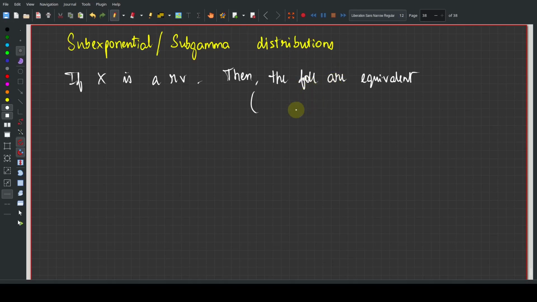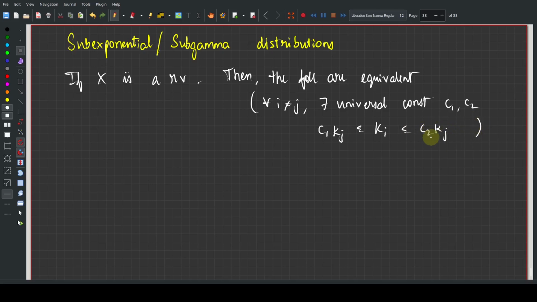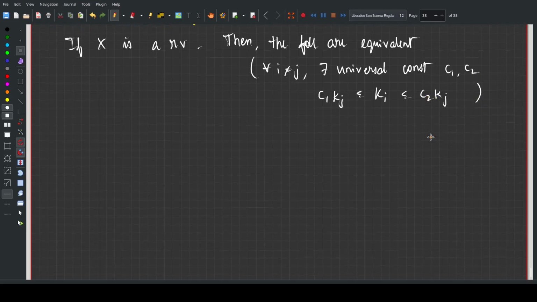So for all i not equal to j, there is some universal constants C1, C2, such that Ki is at least C1 times Kj, and it's at most C2 times Kj. Right, so these constant factors are off by some absolute constants.